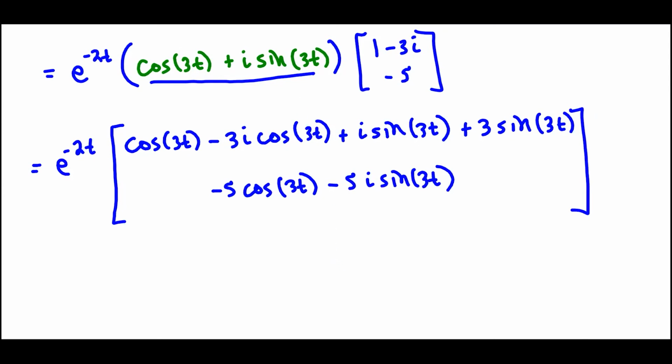So now I want to identify the real stuff, identify the imaginary stuff. I'm going to split them up into two separate vectors, and I'm going to factor out i.